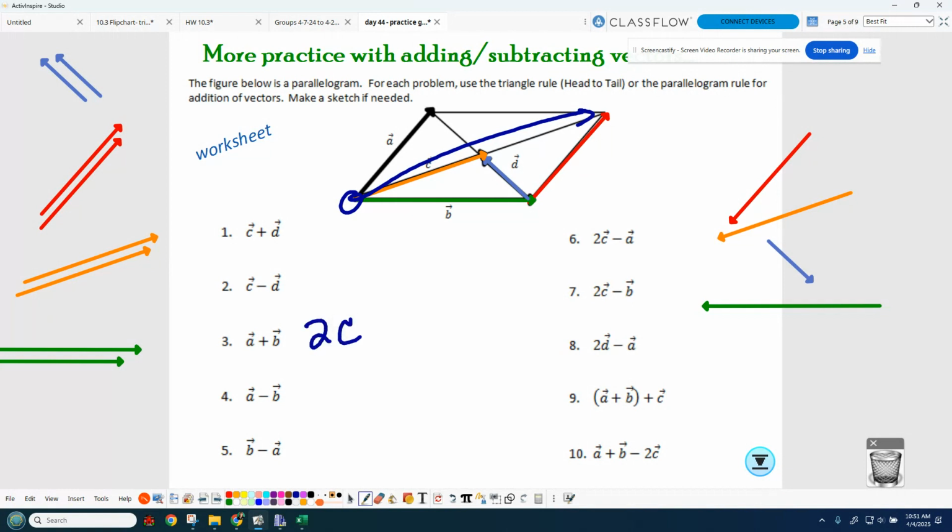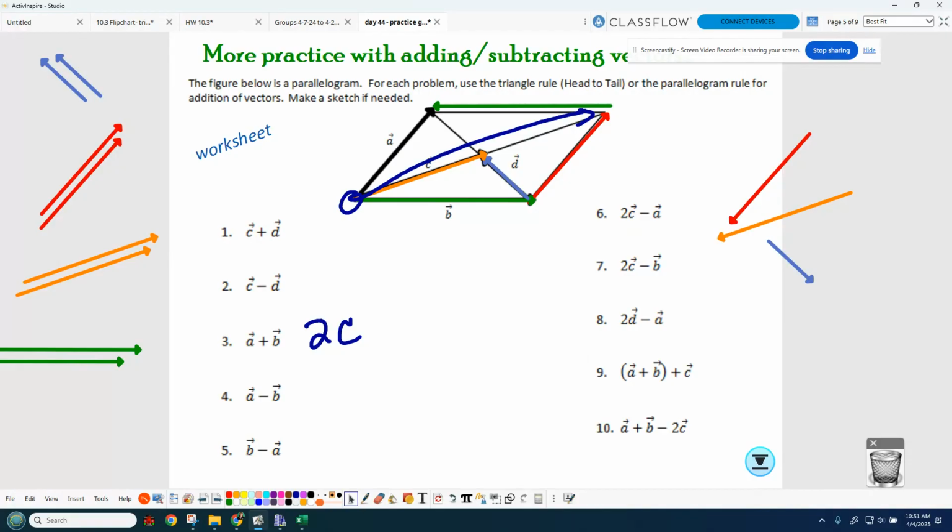Alana, A minus B. Yeah, what would the answer be? Okay, A is the red guy. Negative B is this guy. A minus B ends up being 2C.